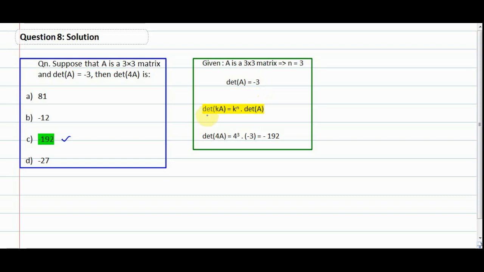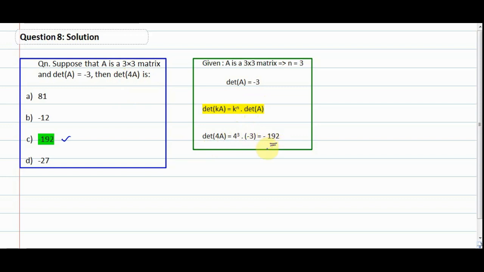So determinant of kA will be equal to k raised to n into determinant of A. Here k is a scalar and n represents the order of the matrix. So here n value is 3 and determinant value is minus 3, and k value is 4. So determinant of 4A will be equal to 4 raised to 3 into minus 3. So that will be minus 192.